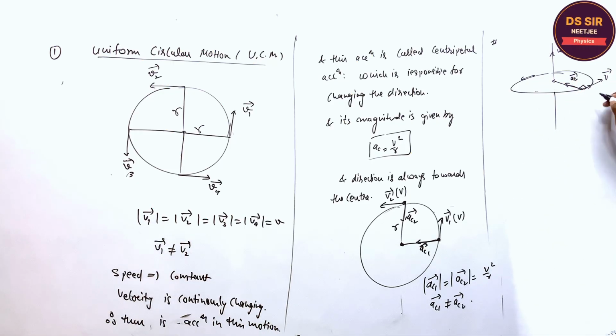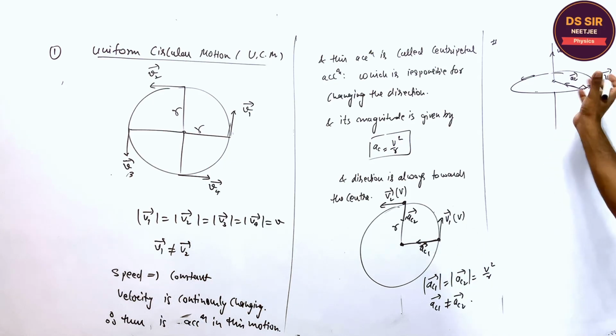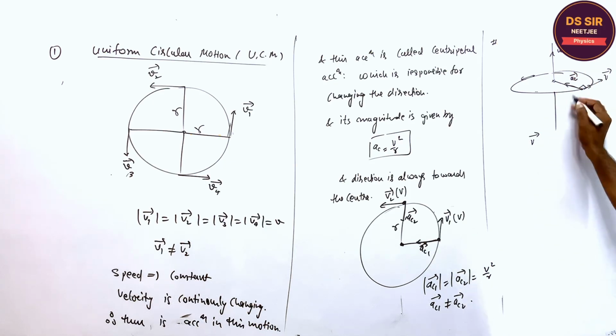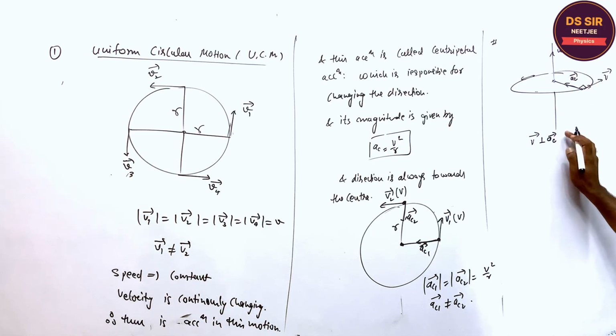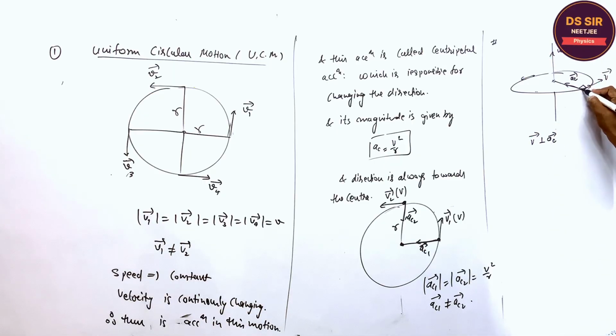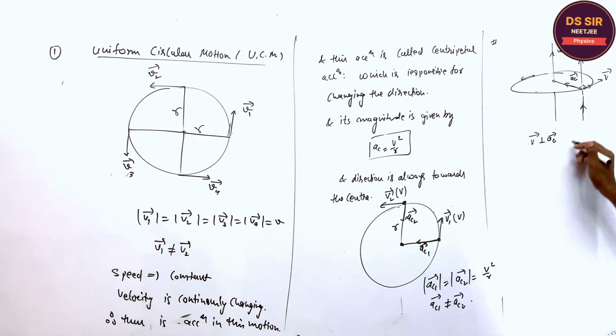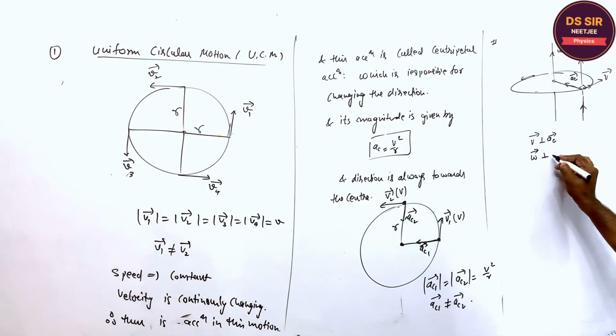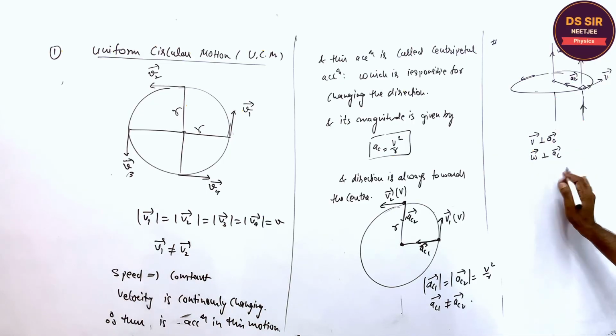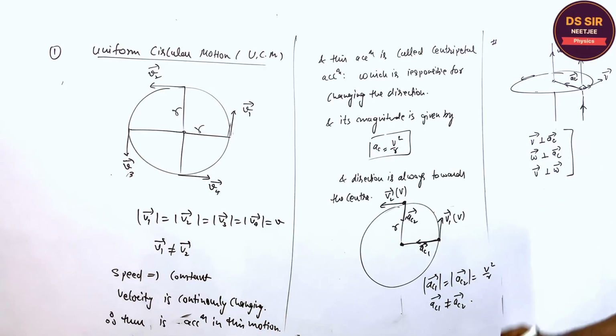So you will see in this case, when it is moving, the velocity vector is perpendicular to the centripetal acceleration. Also, this angular velocity vector may be shifted for your convenience like this. This is the angular velocity. So angular velocity is also perpendicular to the centripetal acceleration, and v and omega are also perpendicular.